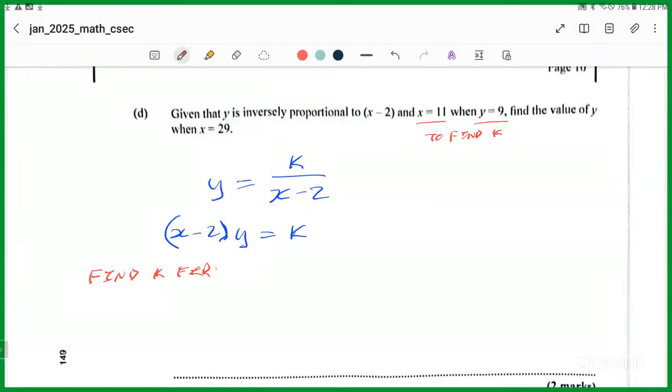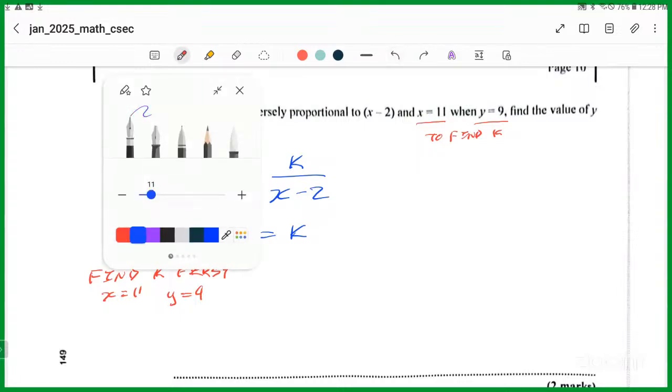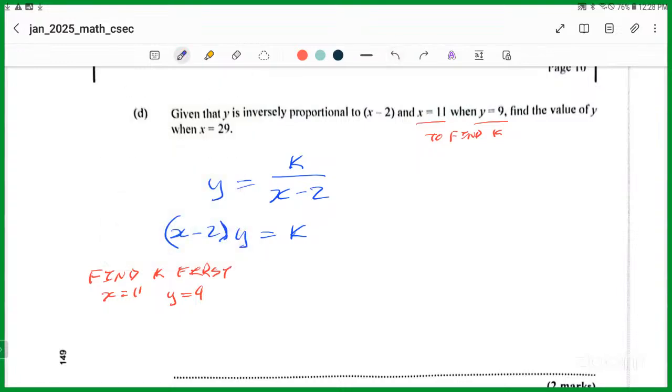To find k first, we're going to use this pair: x equals 11, y equals 9 in this. Alright, so what would we get? We would get 11 minus 2, because we put 11 right here for the x, times y, which is 9 right here. That's equal to the k. So this is actually 9 times 9 is 81.